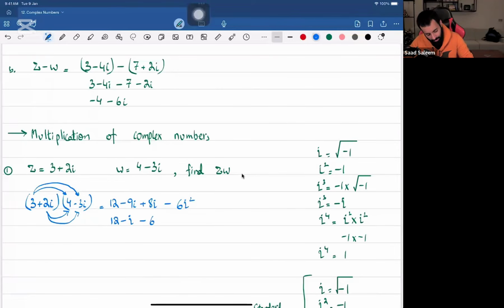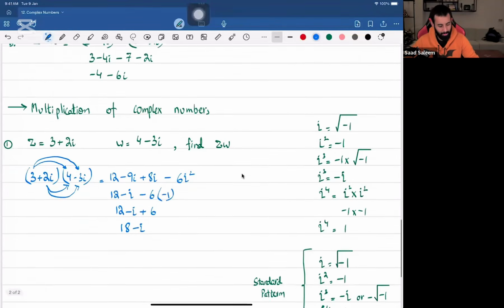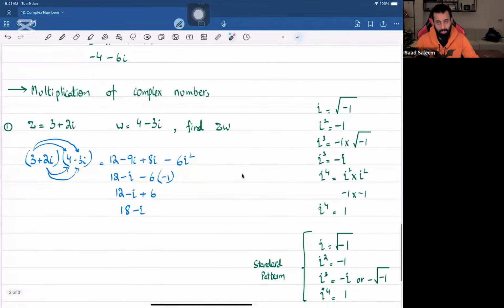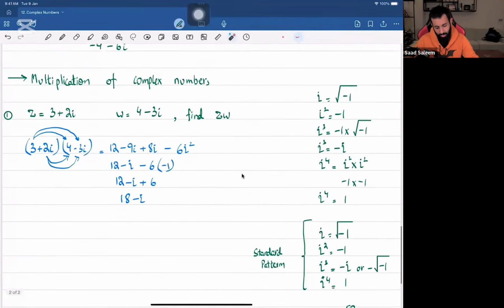Now be careful over here. Minus 6 iota squared, as we saw, is equal to plus 6, since iota squared is minus 1. So this becomes 12 minus iota plus 6. So the final answer is 18 minus iota. Whenever you're multiplying two complex numbers, remember that when I and I multiply, the term turns into a real number. Let's do another example.